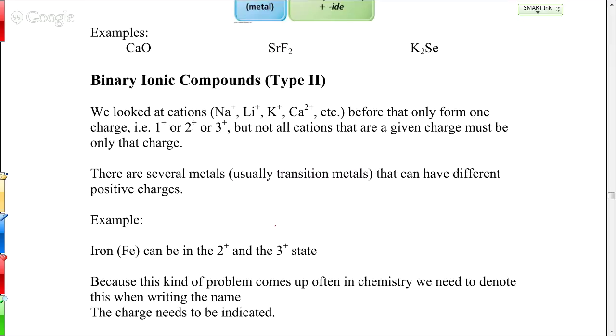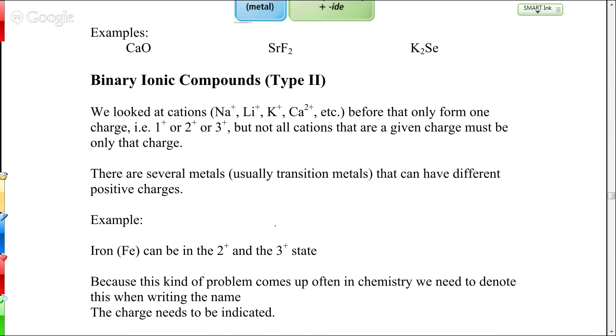Yeah, we don't know. Because, in fact, all those middle ions can have a variety of different charges. So all those, that kind of chunk in the middle, which are known as the transition elements or the transition metals, can have various different charges. So when we name a compound, we need to specify that, because we could be talking about two totally different compounds.